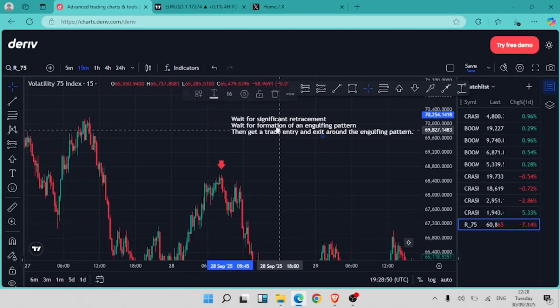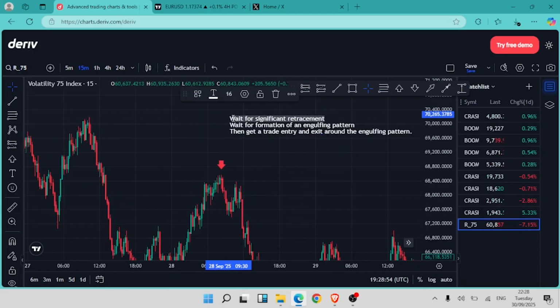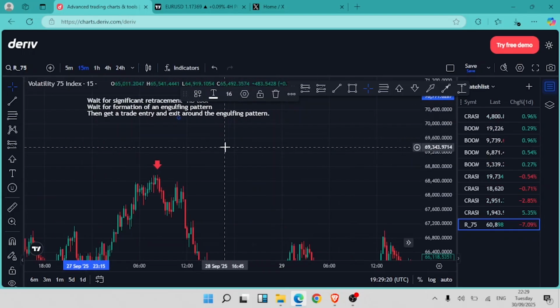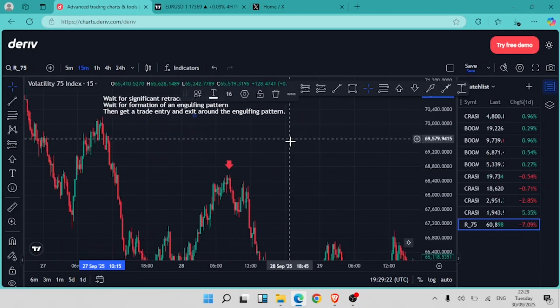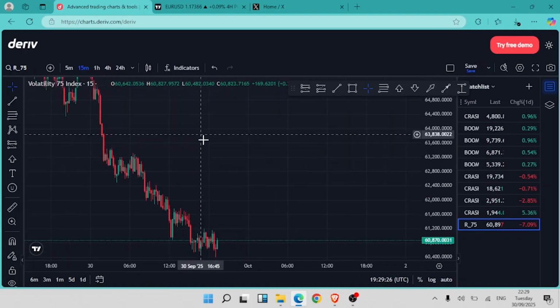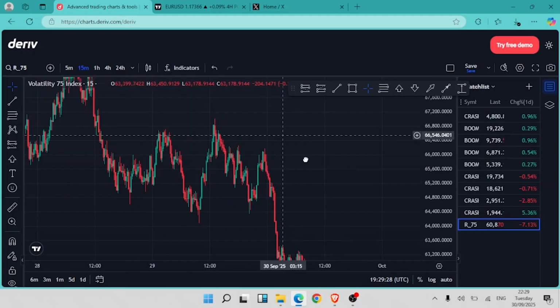And now for the concept of retracement, or waiting for retracement, we are going to employ the retracement tool, or the Fibonacci tool. We are introducing the retracement tool to help us get ideas of which trades we can take and which ones to avoid.